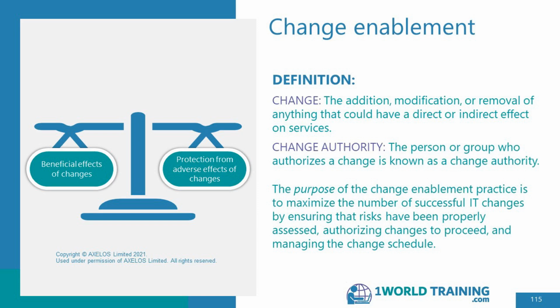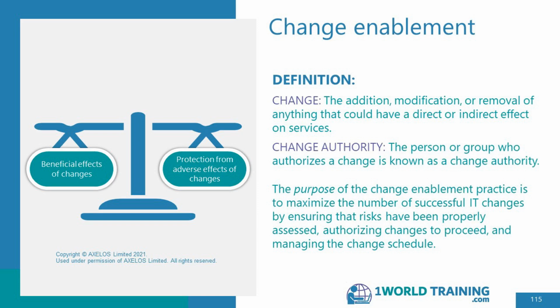Because the people involved in change management in IT think that their purpose is to reduce the risk of change, to make sure that change doesn't happen if it might break something, and they never think that their role is to maximize the number of successful IT changes, to enable change to happen. And as soon as you have a group of people who only see themselves on one side of this balance, we have a problem.